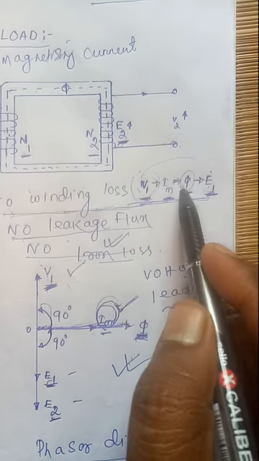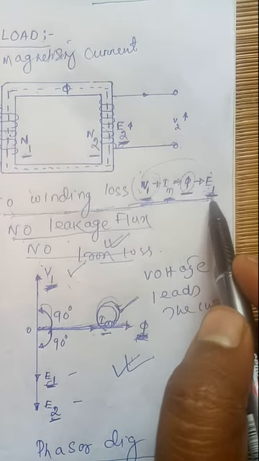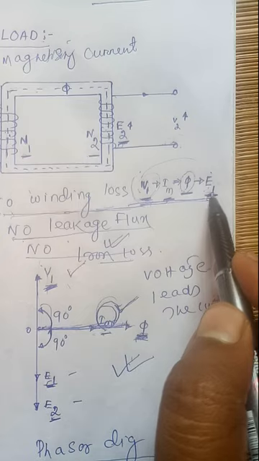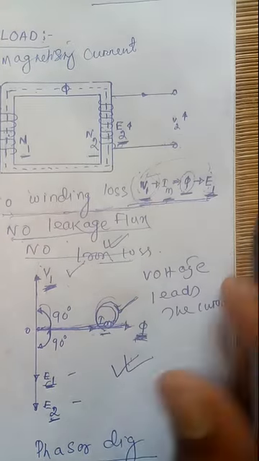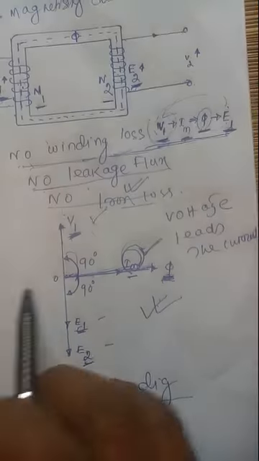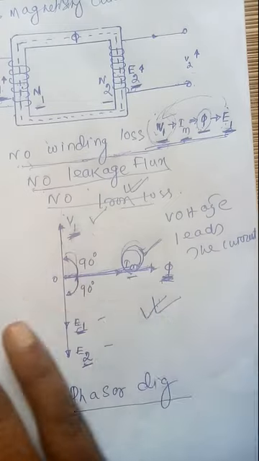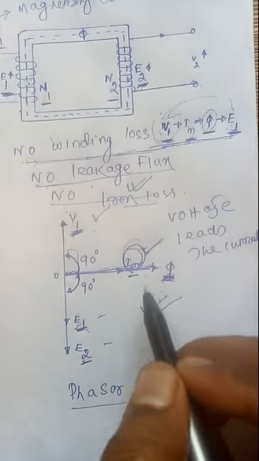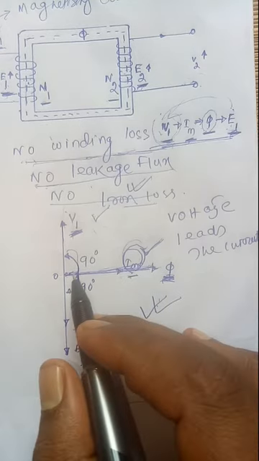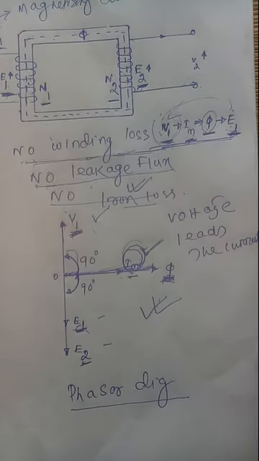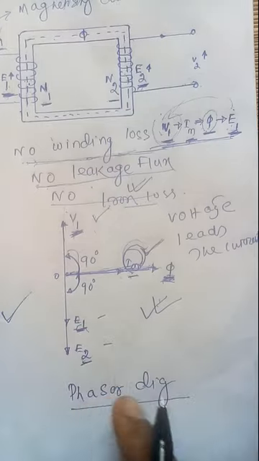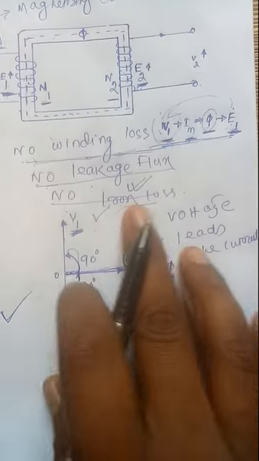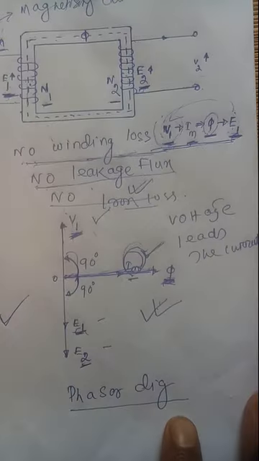When this flux phi links to the winding, it produces an induced EMF E1. Now E1 will oppose V1. So there is a phase opposition of exactly 180 degrees between the induced EMF E1 and V1. This is because of Lenz's law. So this is how we can plot the phasor diagram of the ideal transformer on no load condition.